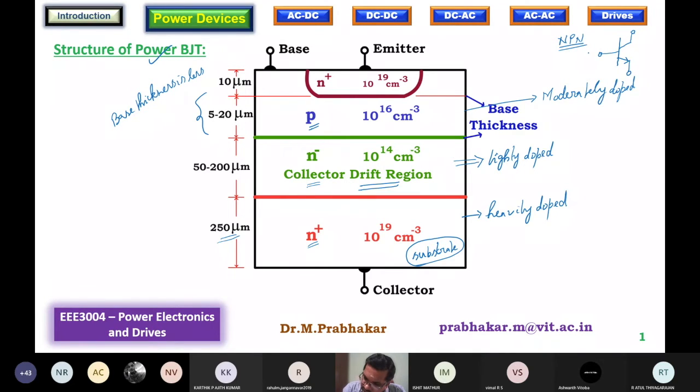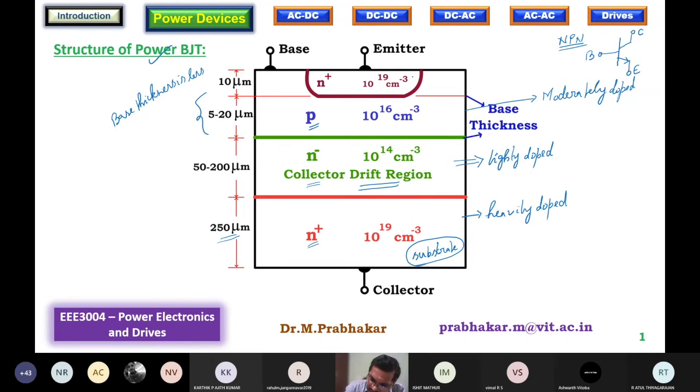The terminals are going to be base, collector, and emitter. A PNP transistor will have the arrow mark in the emitter terminal pointing inward. That is going to be the PNP transistor configuration for you. But then the structure is going to be exactly similar, but for the layers, n plus, n minus, etc. So this is how the construction of a power BJT is going to be.